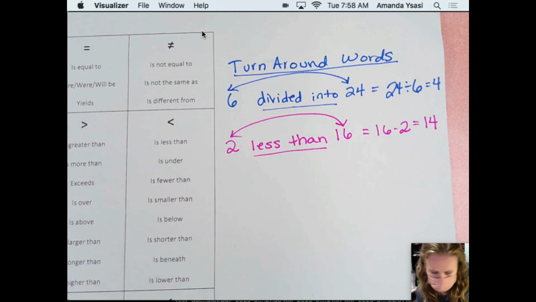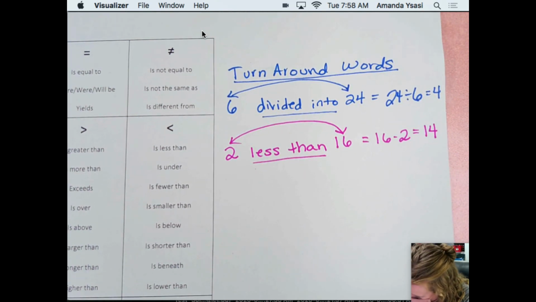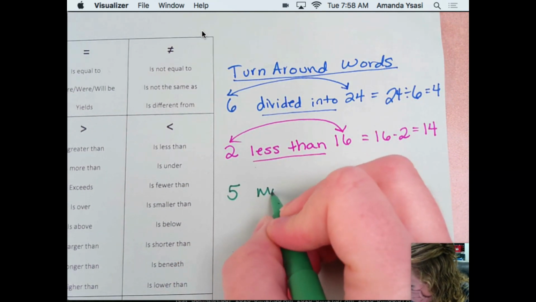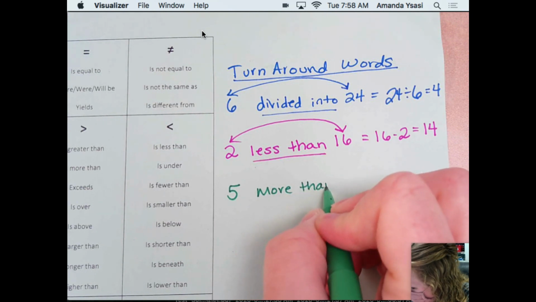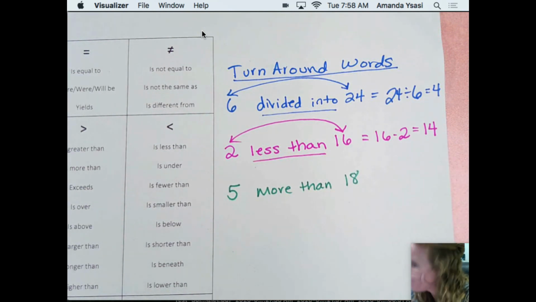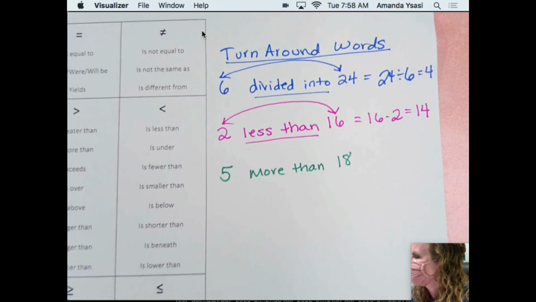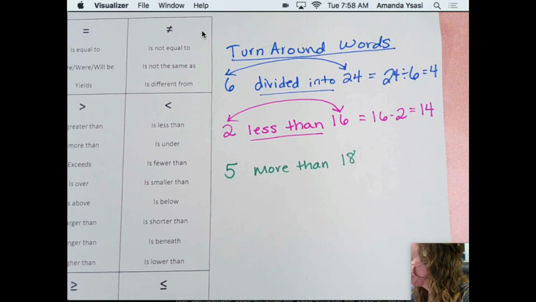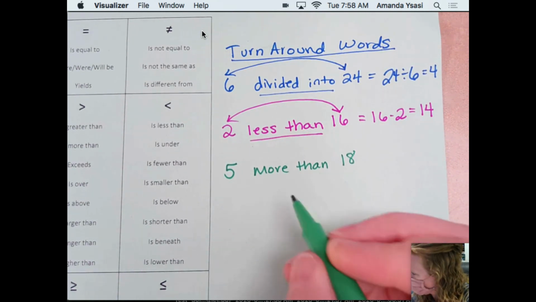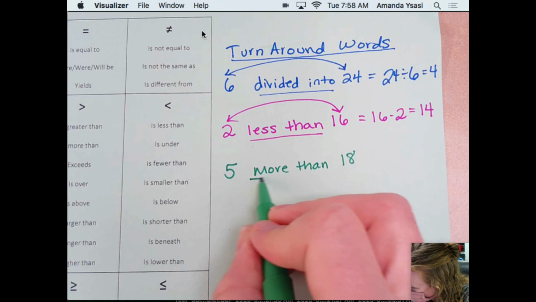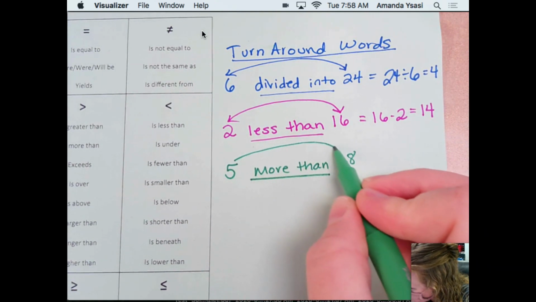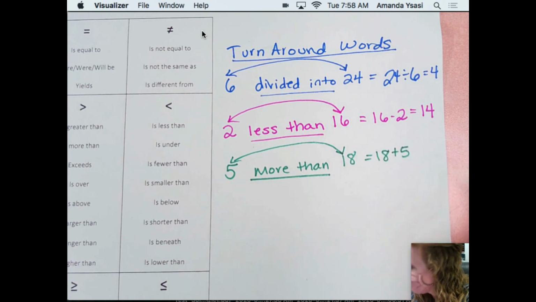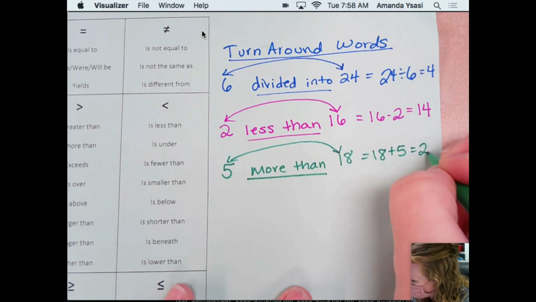Okay, let's do another turnaround word. 5 more than 18. So you would turn this one around too. 5 more than 18, meaning you have 18 and you add 5 to it, which equals 23.